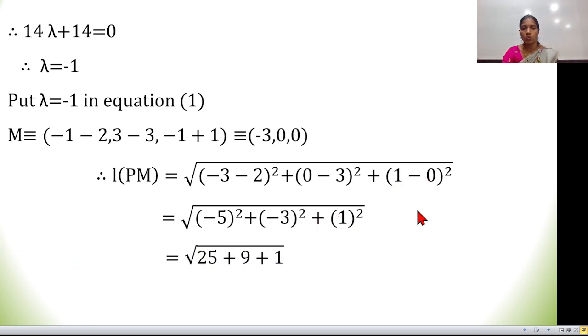Taking the square root, we get the square root of 25 plus 9 plus 1, which is root 35 unit. So length PM is root 35 unit, and this is our distance from point P to the line L.